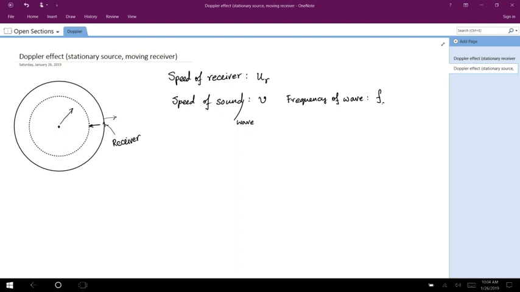This is the source frequency, right? Frequency of wave at the source, not the one that is received by the receiver. So frequency of wave is Fs, which means that the time period Ts is equal to 1 over Fs, just like before.